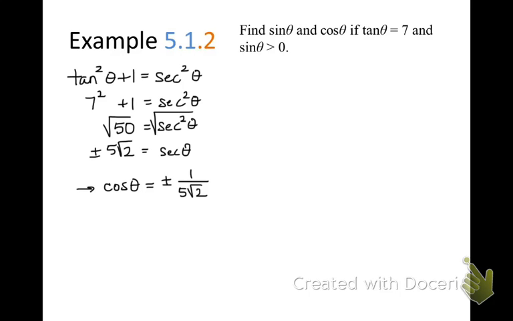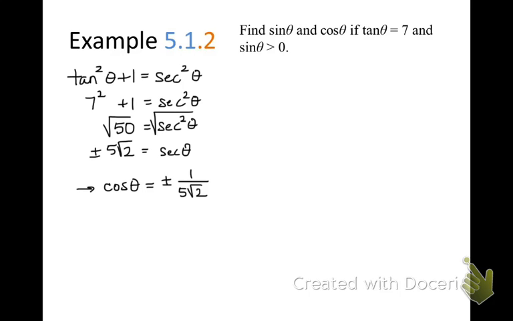Now that I know the cosine, how am I going to find possibilities for the sine? Yeah, you've got a couple of different options at this point, right? You could use the Pythagorean theorem with the sine squared plus the cosine squared equals 1 and plug in what you know for the cosine and solve for the sine.